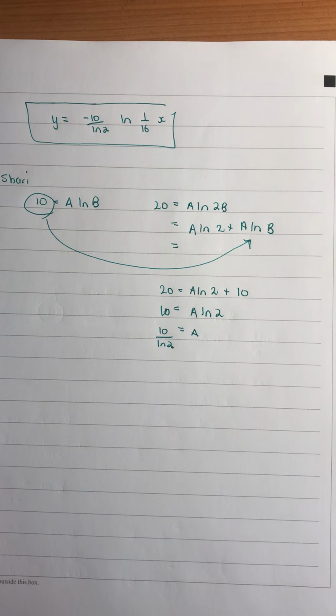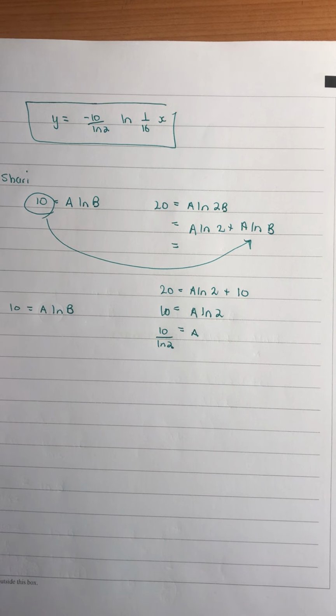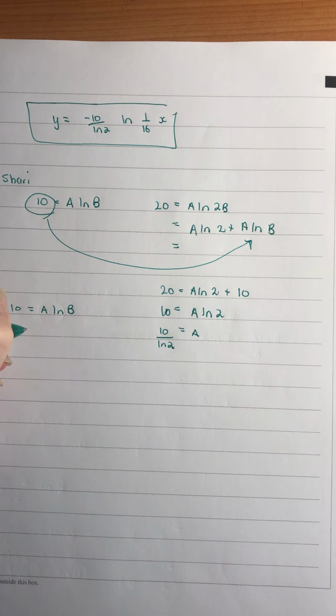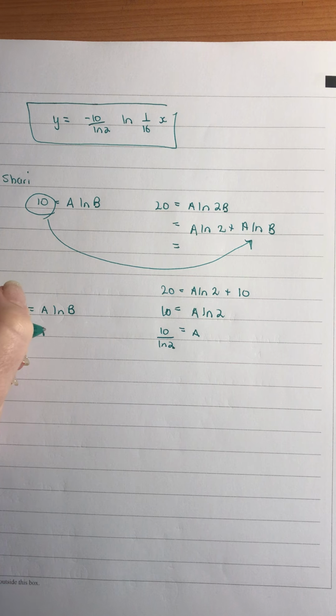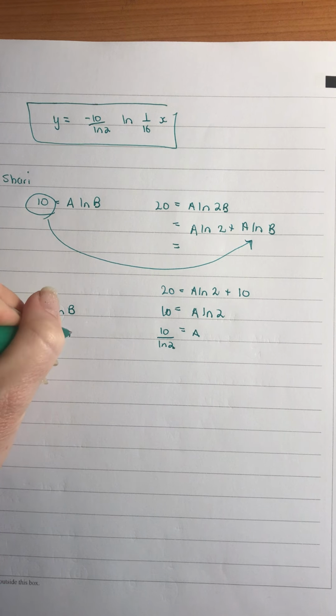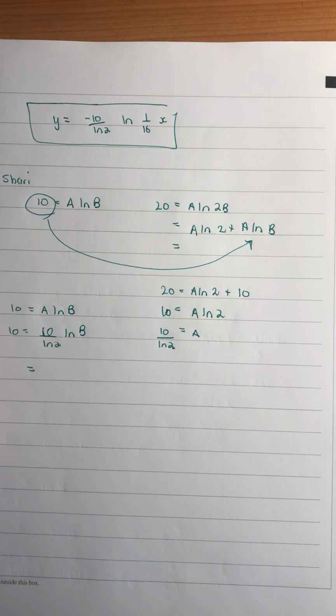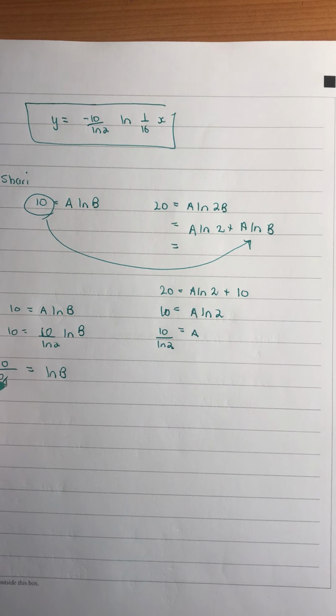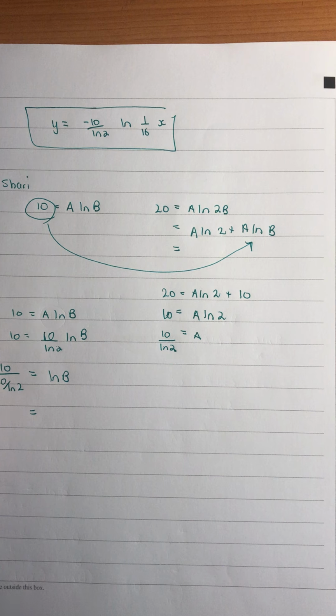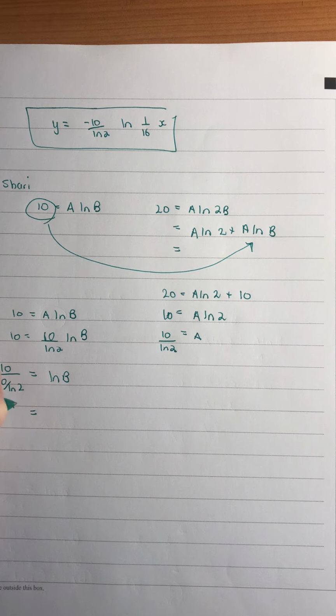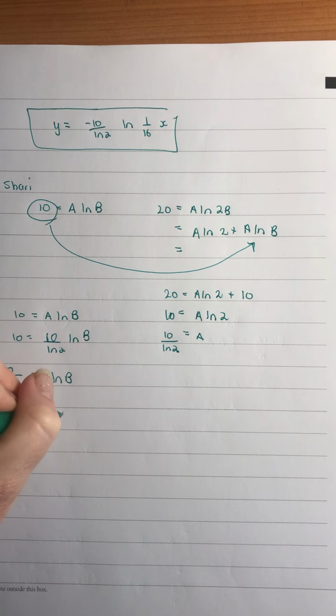Then we can solve for b for Shari by putting that into the 10 is equal to a ln b. So 10 is going to equal 10 on ln 2 ln b. Getting the ln b on its own by dividing by the 10 on ln 2, that ln 2 comes to the top, 10 ln 2 over 10 is equal to ln b.